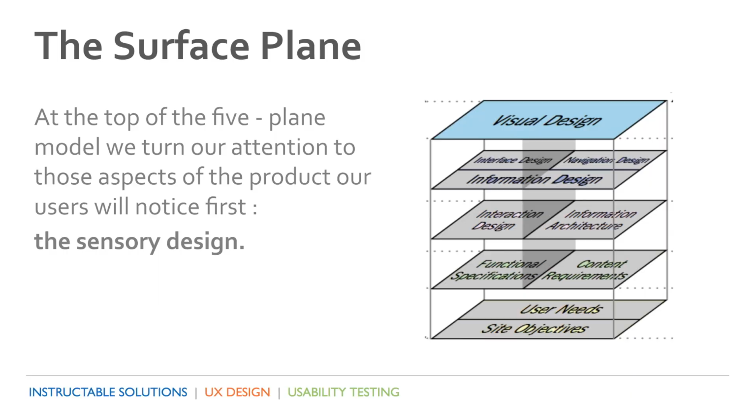The surface plane. At the top of the 5-plane model, we turn our attention to those aspects of the product our users will notice first, the sensory design. We're finally here at the top of our 5 planes of user experience. We started with strategy, where we determined user needs and product objectives.